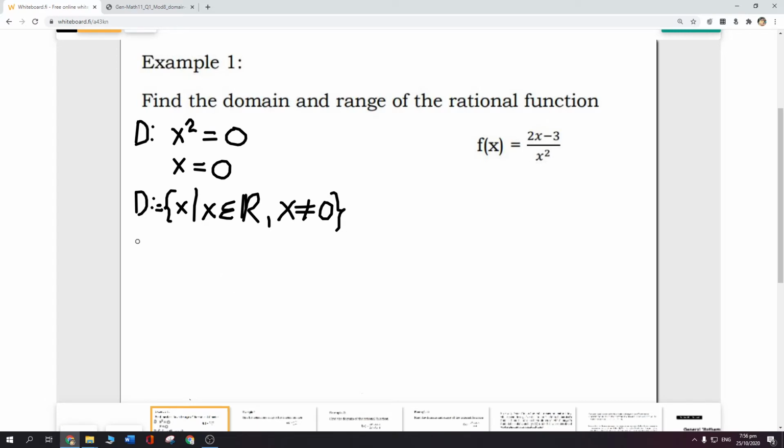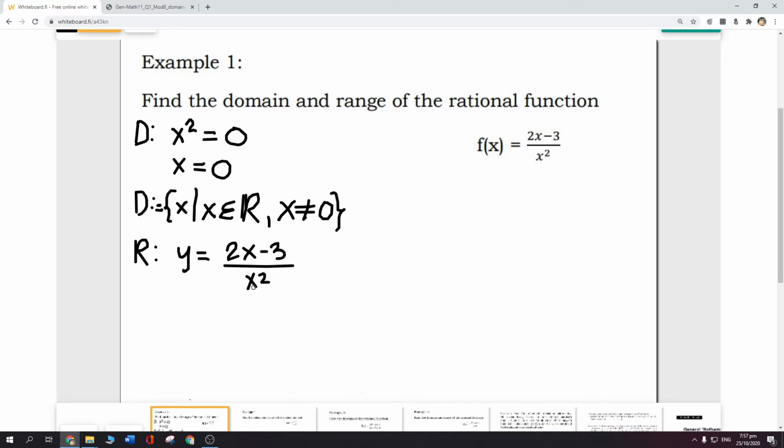Next, for our range, we will be using R for our range. To solve for the range, we have to change f of x into y. So we have y is equal to 2x minus 3 over x squared.